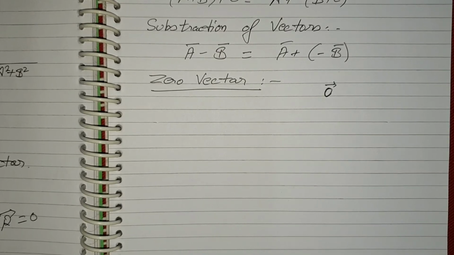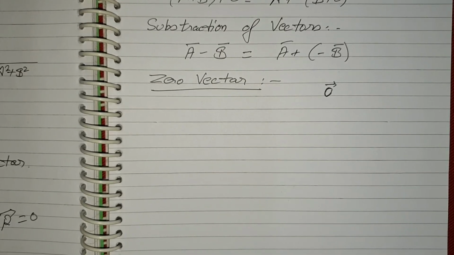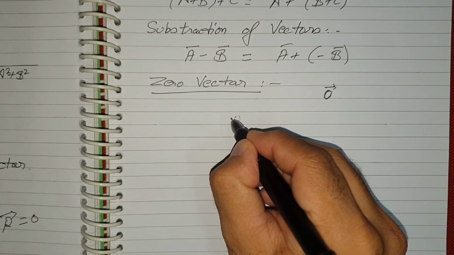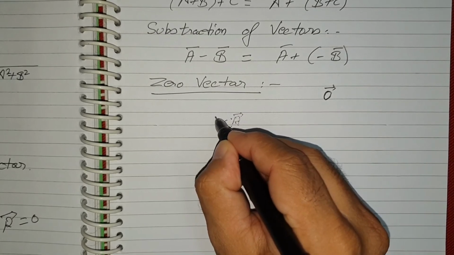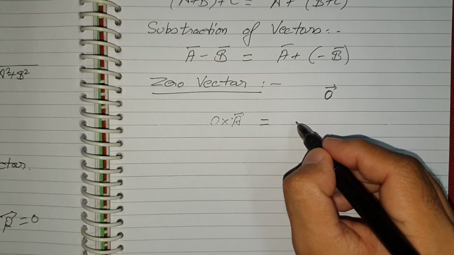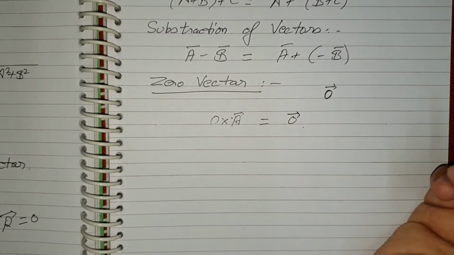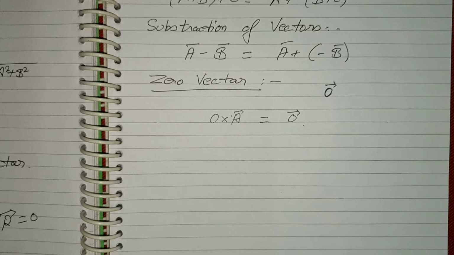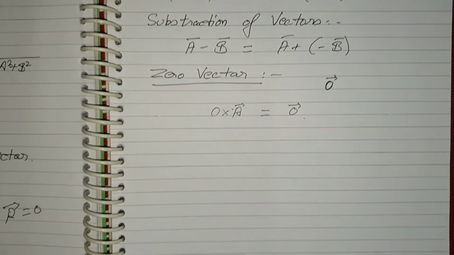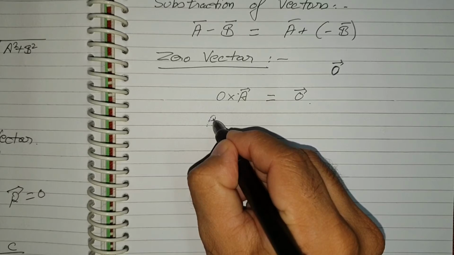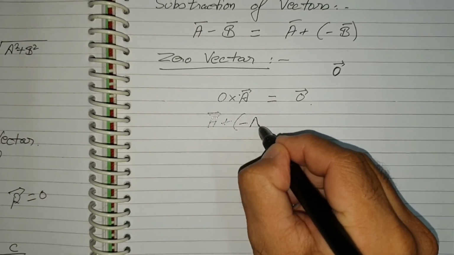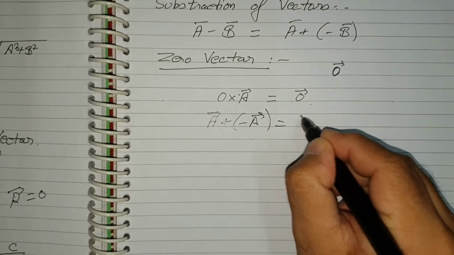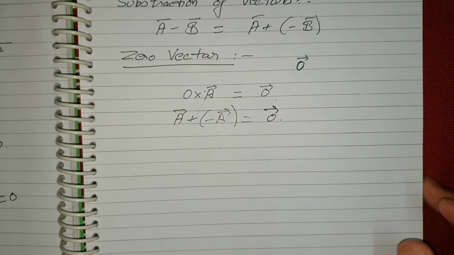Illustration of zero vector. Now see, if you take a vector A and multiply it with 0, what you get is a zero vector. Now the result of addition of a vector to its own negative vector is a zero vector. Similarly, if you take vector A and add minus A to it, you will get a zero vector only.